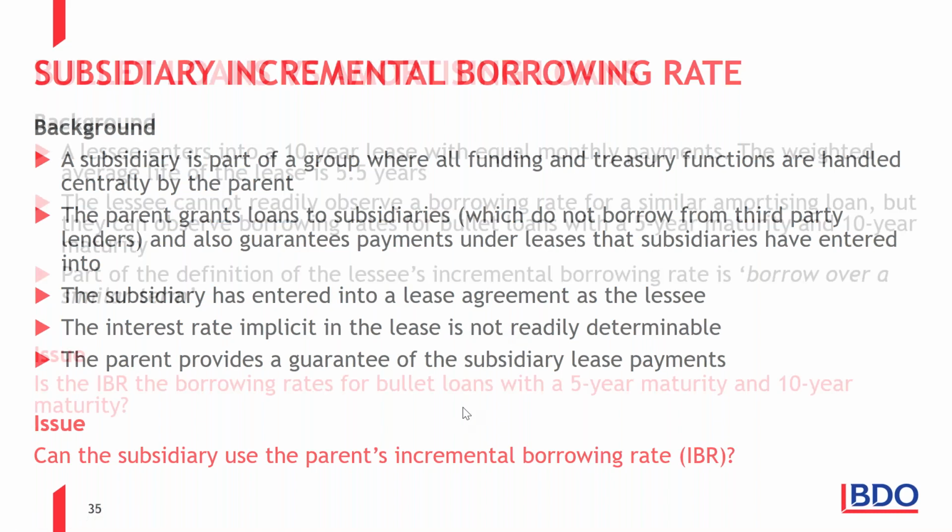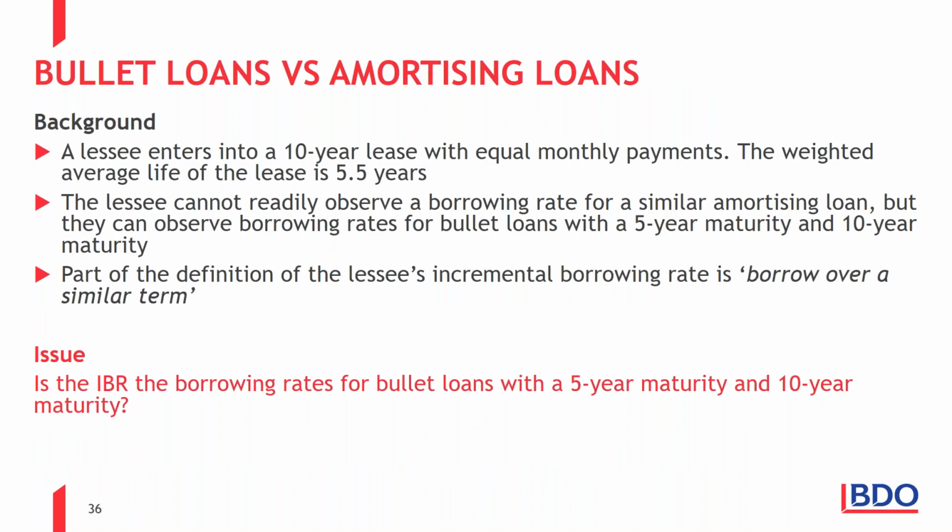So the next one is the question around bullet loans or amortizing loans. And again, the problem that we can see in practice is leases are similar to amortizing loans because they are monthly payments or 2 weekly payments or quarterly payments, and it reduces over time. However, when you speak to clients, often they have loans with the bank or financial institutions that are bullet loans.